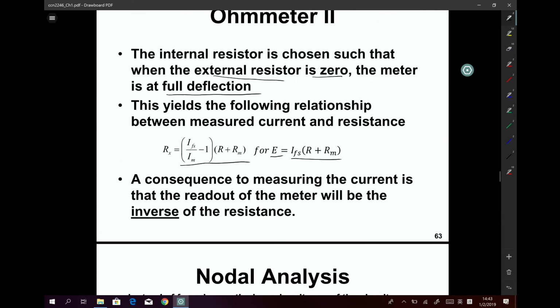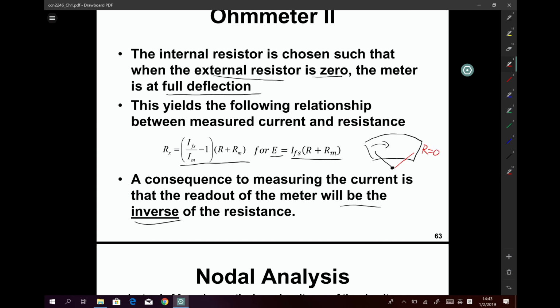Now, as a consequence, the readout of the meter will be the inverse of the resistance. The meaning of this sentence is that, remember, when you have R equal to 0, you have a full deflection of the meter. If your meter deflects from left to right, when the needle deflects to the most right hand side, it should be R equal to 0, right?